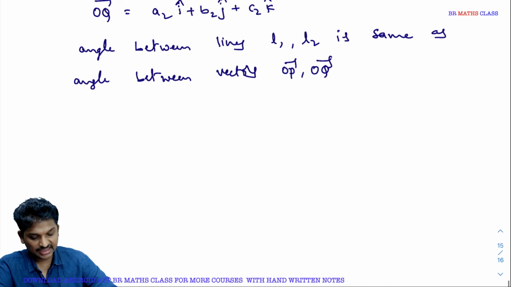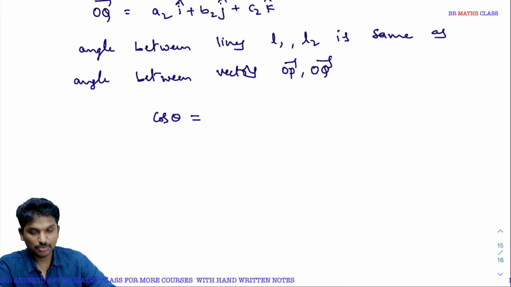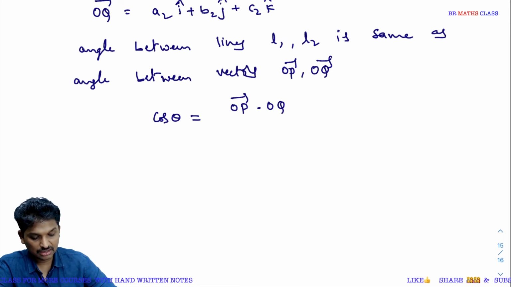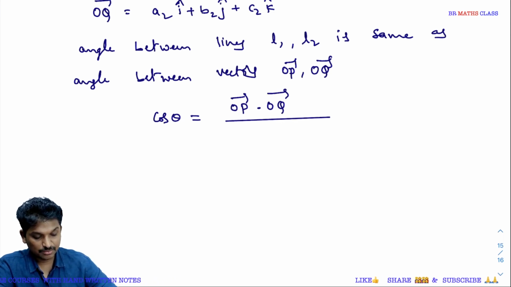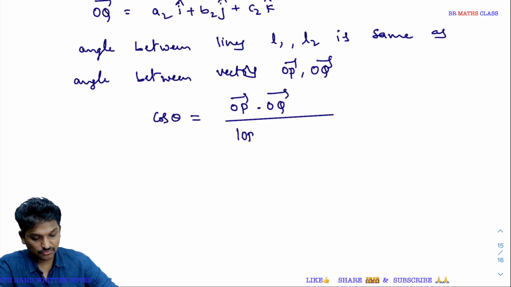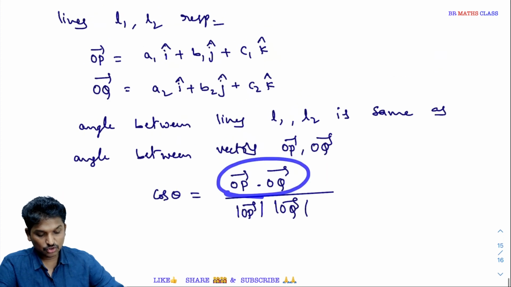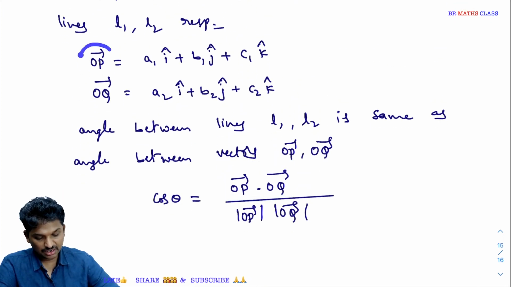So we have that for the angle between OP bar and OQ bar, cos theta equal to OP bar dot OQ bar divided by magnitude of OP bar into magnitude of OQ bar. What is OP bar dot OQ bar? Here you know OP bar, OQ bar. Na?